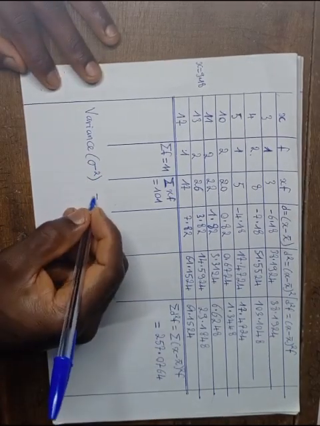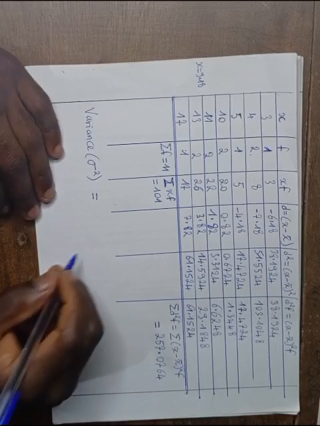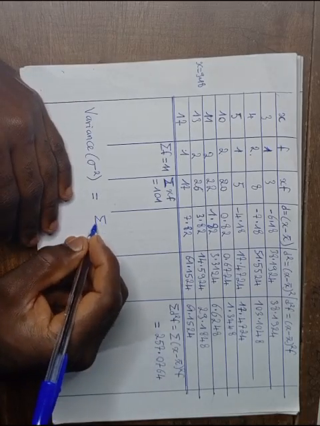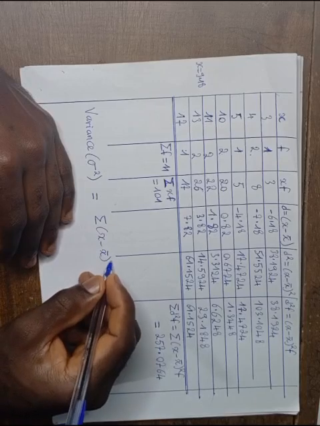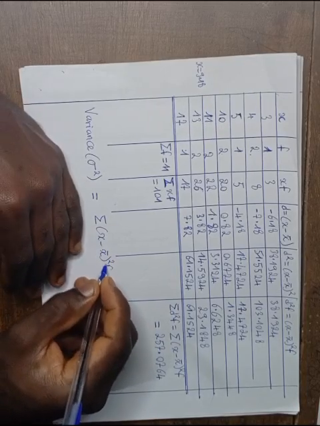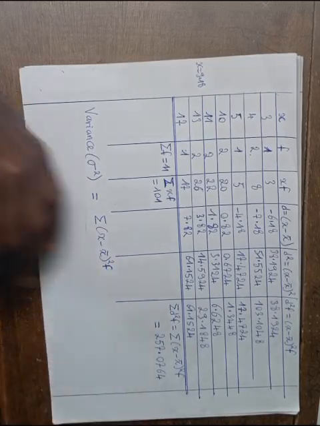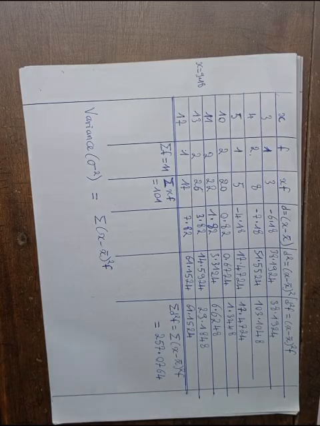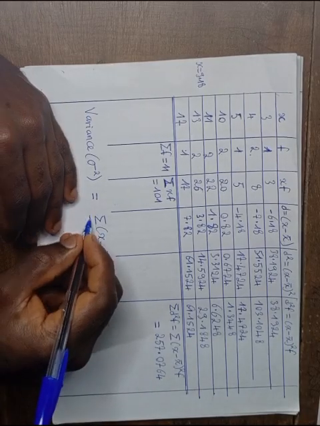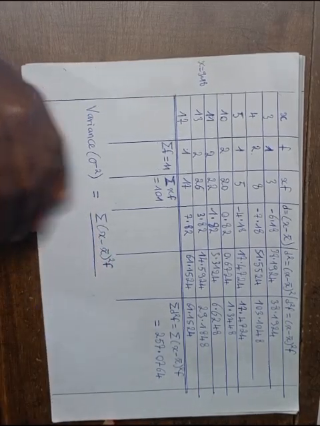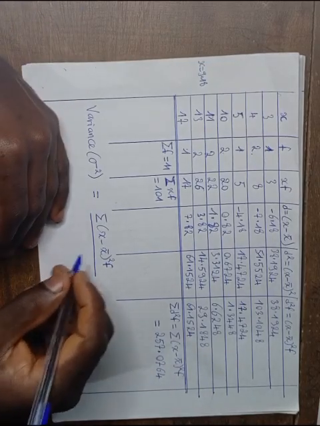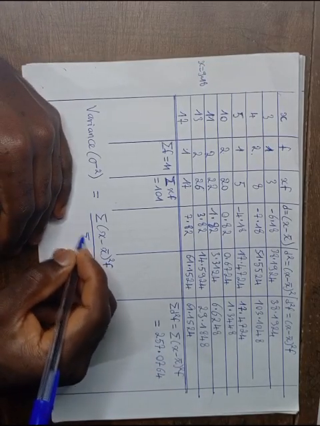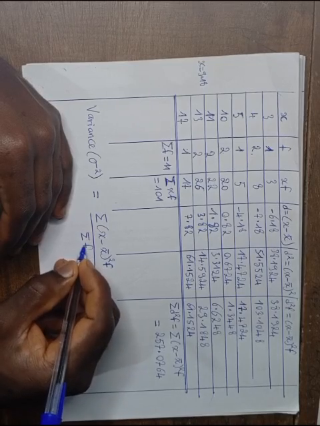You know the variance is simply given by summation x minus x bar squared f divided by the total number of observations, which is summation f.